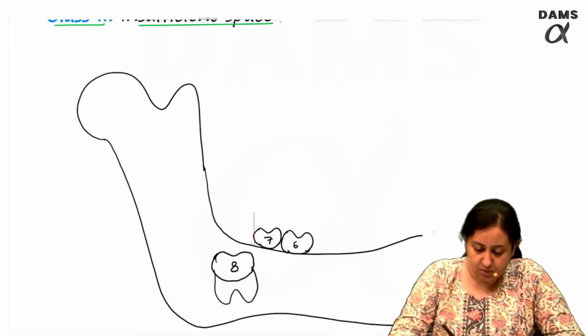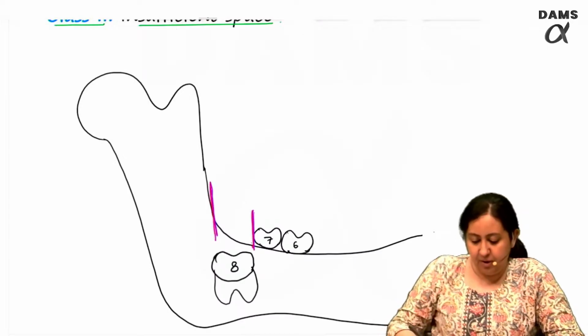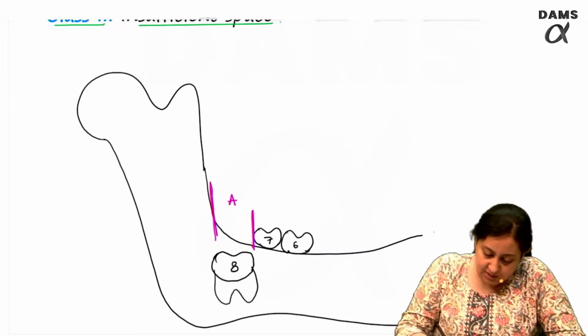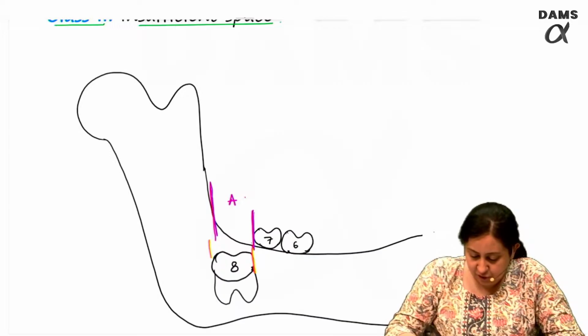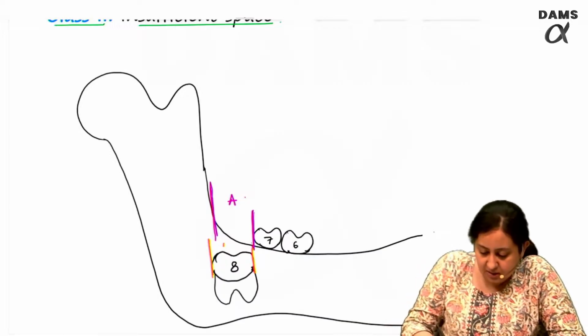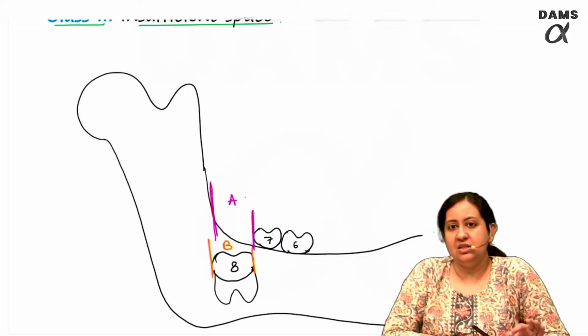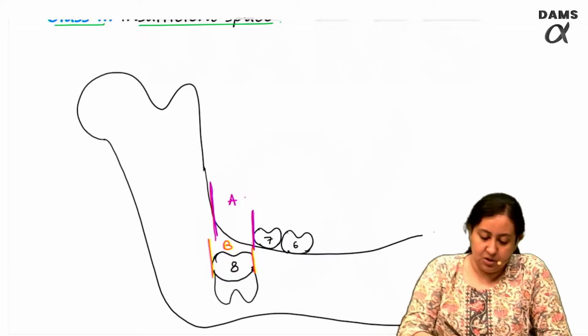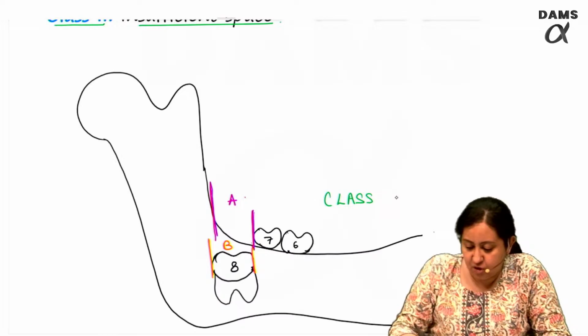Now the distance from the distal surface of 7 till the anterior border of the ramus, this is distance A, and the mesodistal dimension of 8 is greater than the space available between 7 and the anterior border of the ramus. So this becomes your class 2, or insufficient space.